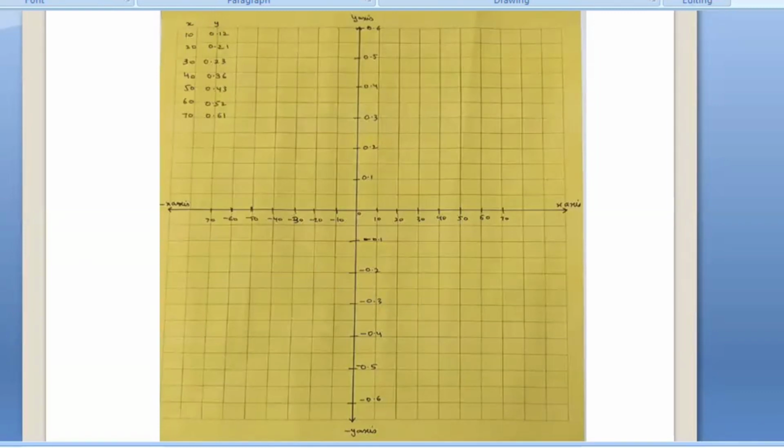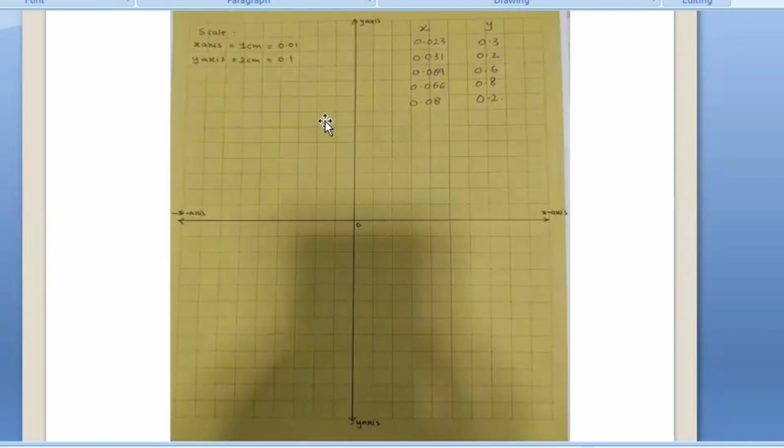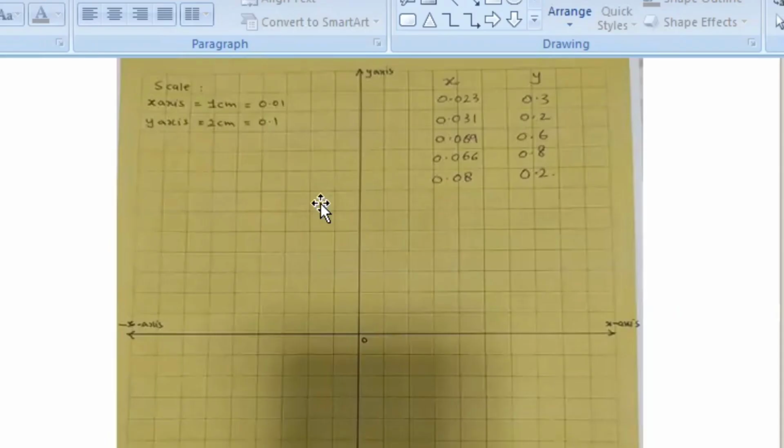We have another table. This is the table for the x-axis and this is the table for the y-axis. Let's have a look. In this table, they mention the scale, which makes selecting the scale for the given table easier. First, check the smaller integer and the larger integer along the x-axis.